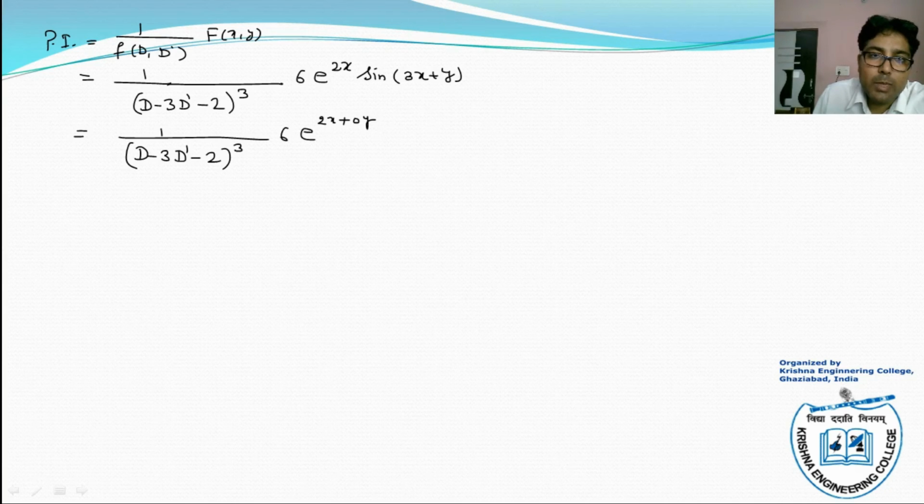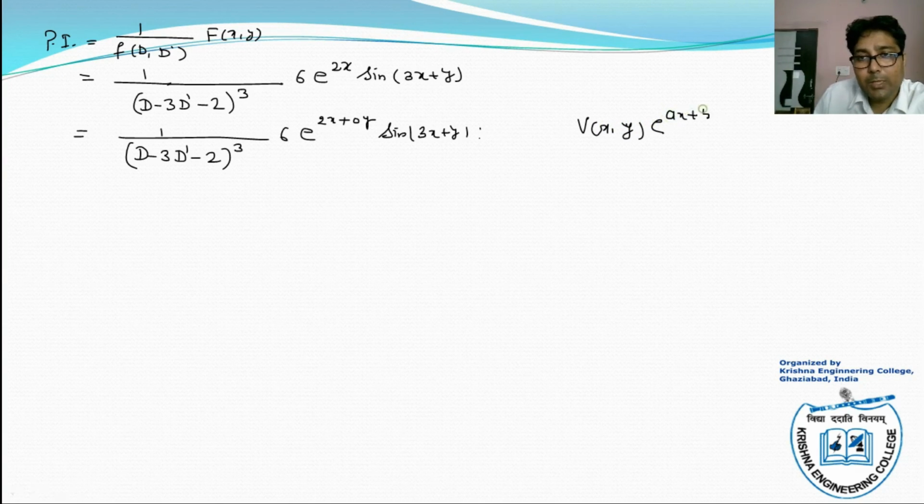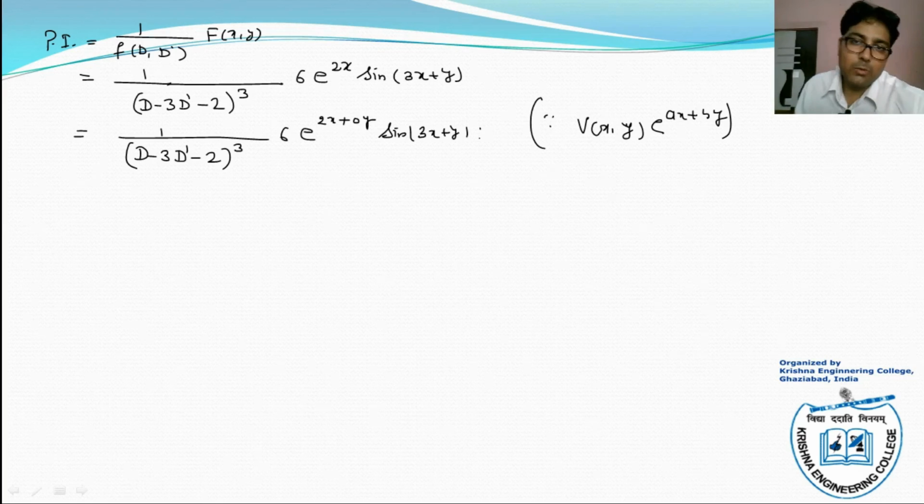Here in this problem a is 2, b is 0, sin(3x plus y). This is of the form V(x,y) into e to the power ax plus by.